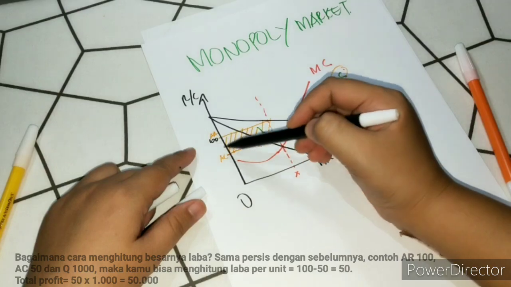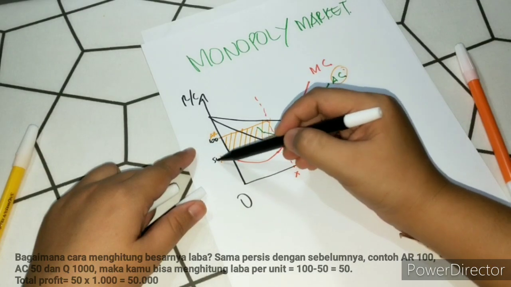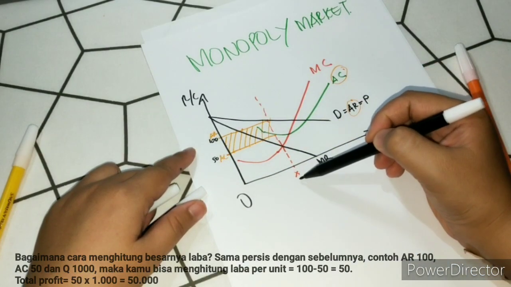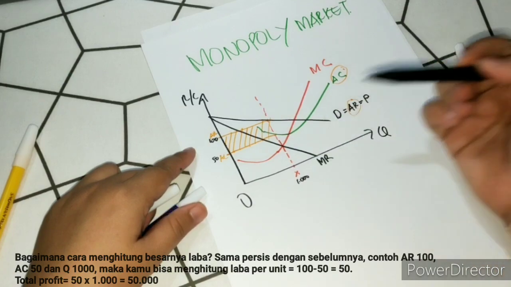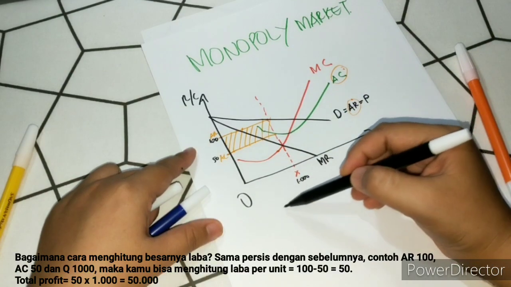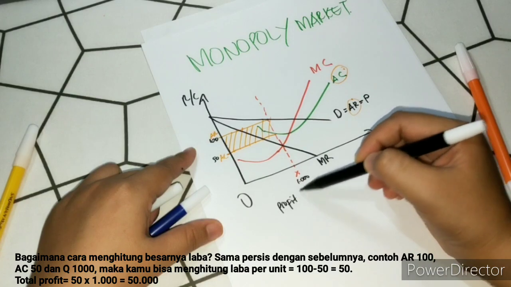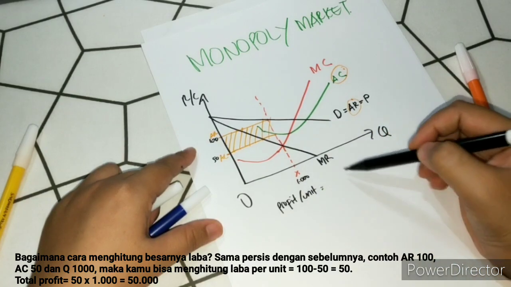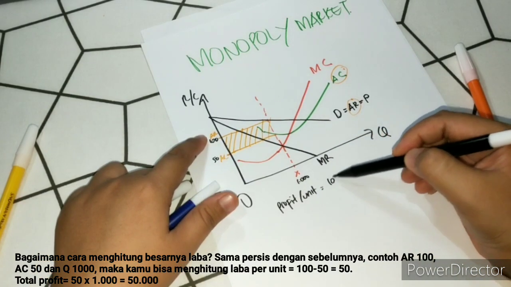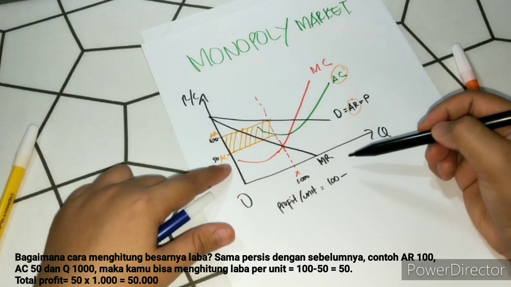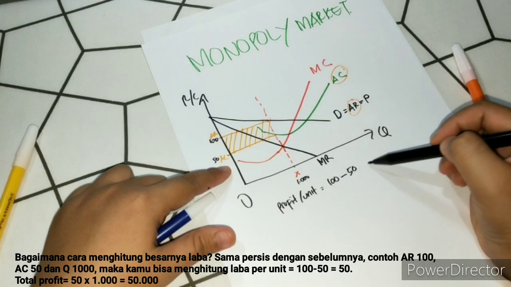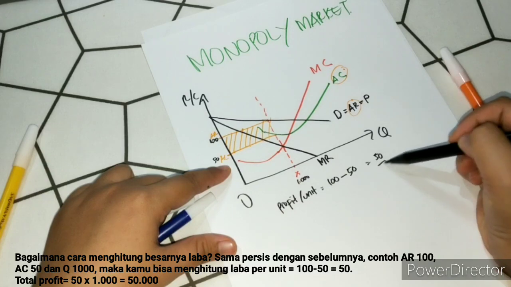Let's say this is 100 and this is 50 and this is 1000 here. So your profit per unit, you can calculate from the average revenue 100 minus the average cost 50, equals 50.